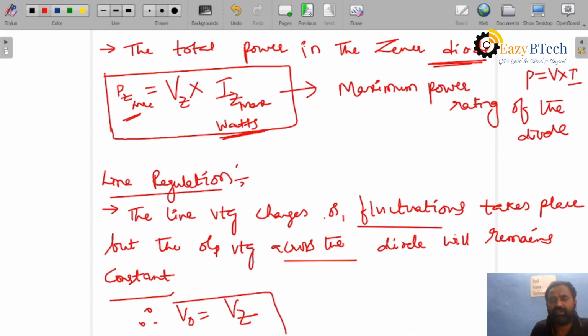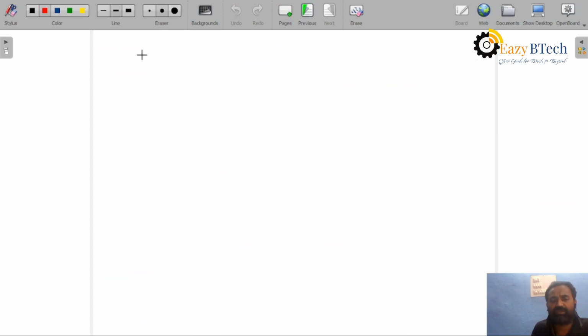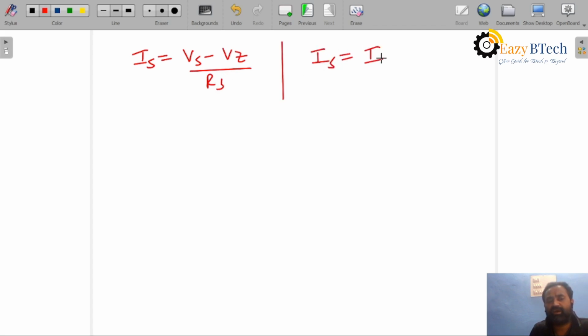Now you can say, as we have seen previously, Is is equal to Vs minus Vz by Rs, or Is is equal to Iz plus IL.